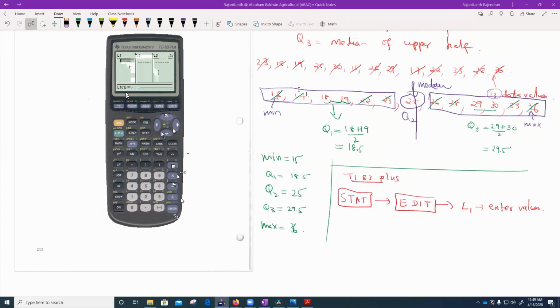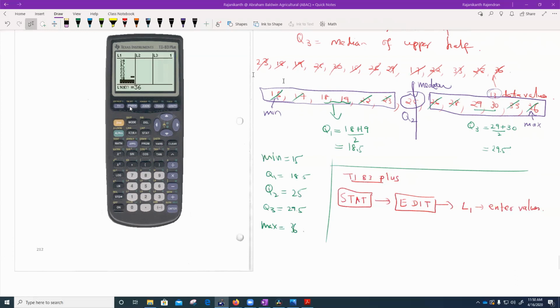I'm typing in the given order: 23, 18, 19, 25, 30, 15, 26, 29, 17, 22, 33, and 28. Oh, one more, 36. So I will have 13 numbers. Yes, I got 13 numbers, right?